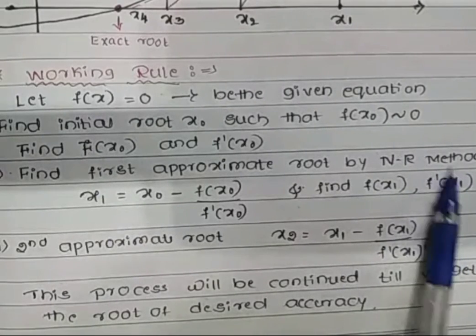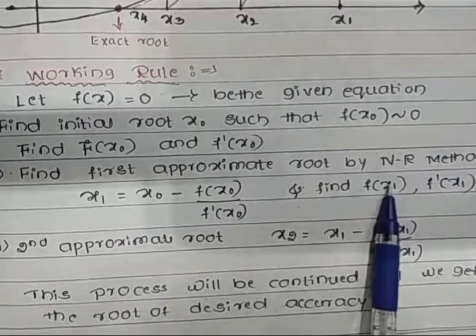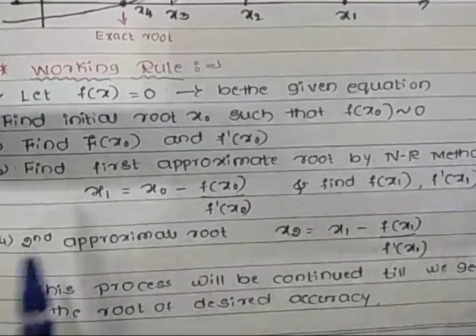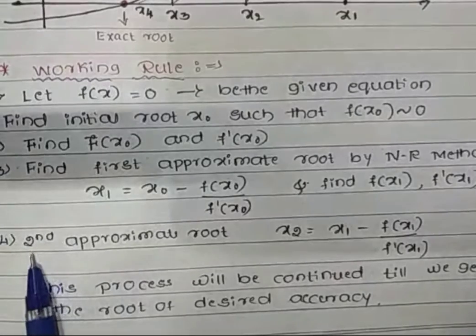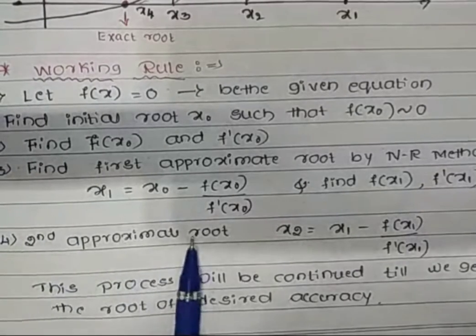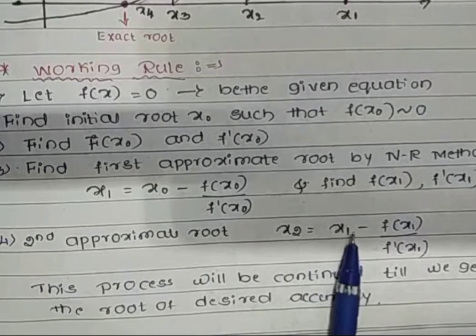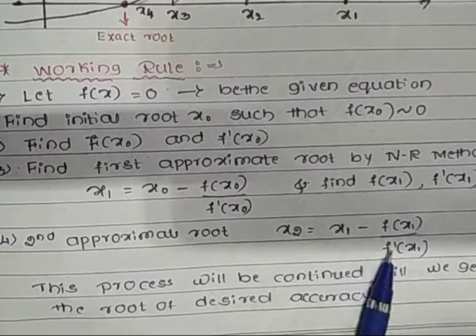Now f dash of x1 means the derivative value. f of x1 and f dash of x1 we need to calculate. After this we have to go for the second approximate root using the formula x2 is equal to x1 minus f of x1 divided by f dash of x1, and so on.